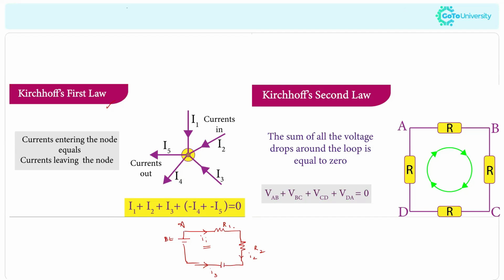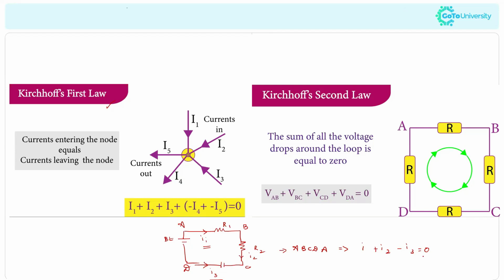If I'm considering the circuit A, B, C, D, A, whenever we apply Kirchhoff's law, we always take a closed path. So here we take the path A, B, C, D, A. When we do this, we can write the current as I1 plus I2 minus I3 equals 0, because here the direction of current I3 is opposite to the path we are following.